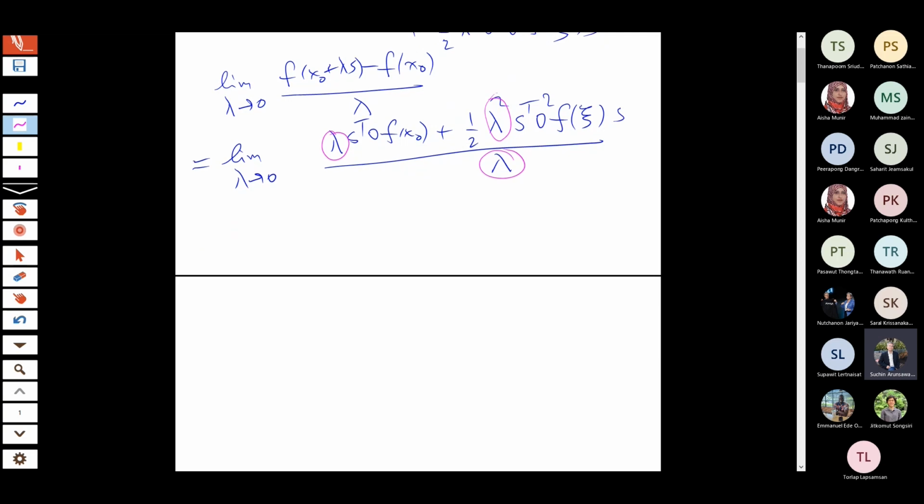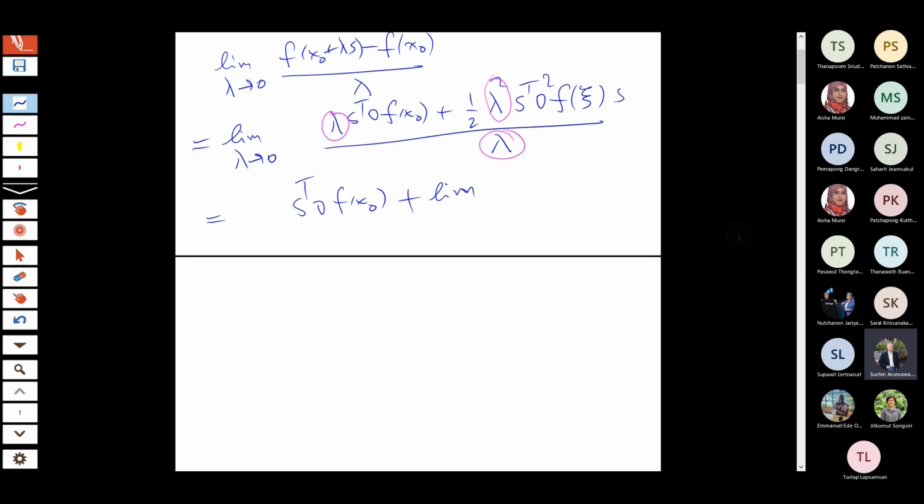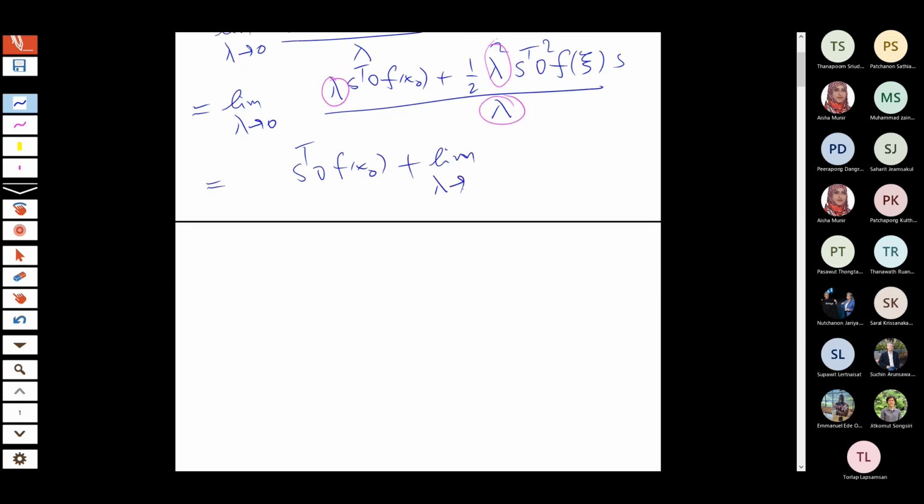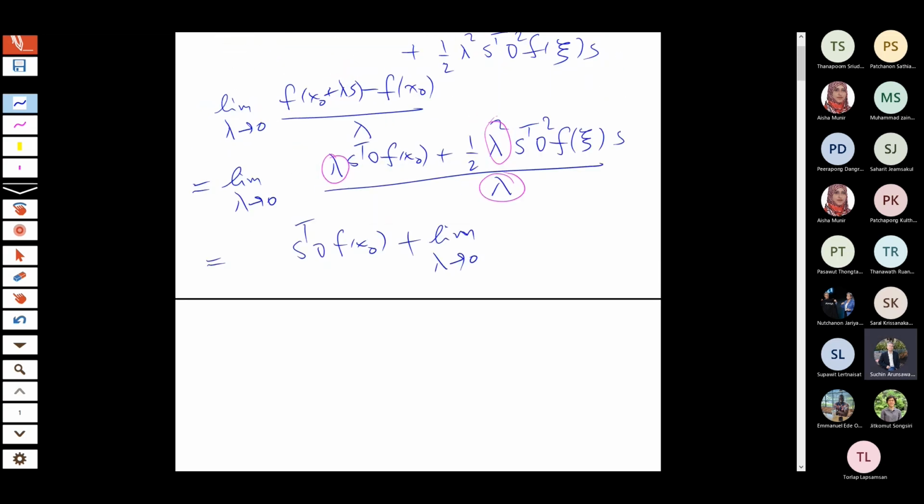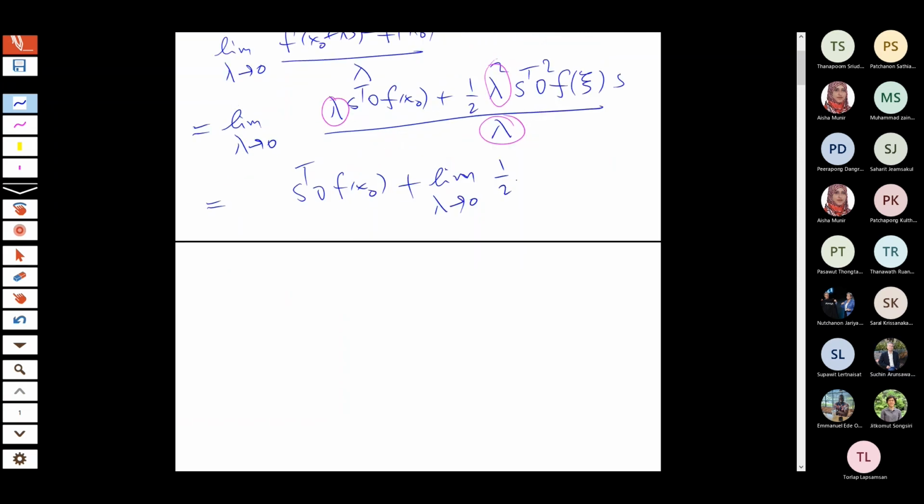And then this becomes s transpose the gradient of f at x naught plus the limit of lambda, because in the first term lambda disappears, right, 1 over 2 lambda s transpose the Hessian of f times s.